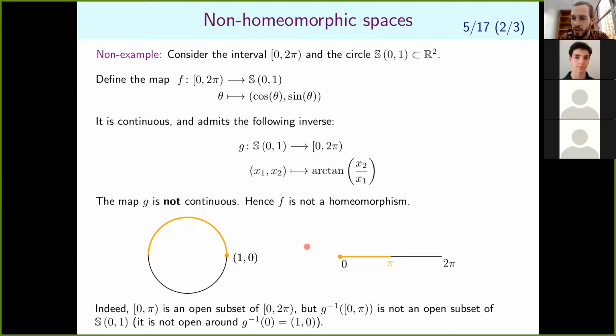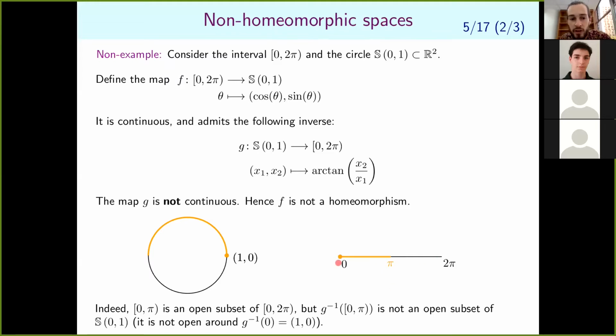If it is not clear why this set is open in the interval, this is because we endow the interval with the subspace topology of R. The subspace topology is defined as the topology that contains as open sets the sets that can be written as the intersection of an open set of R with the subset we consider.